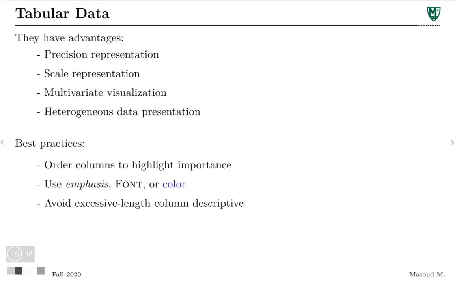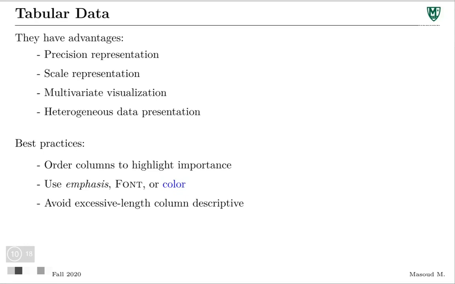Now, some best practices when you use a table to make it easy to follow and easy to find things in a table. There are a couple of things we can do. These are the suggested best practices. Order columns based on the importance. Right? You start from some kind of index, something that is related to all these columns.